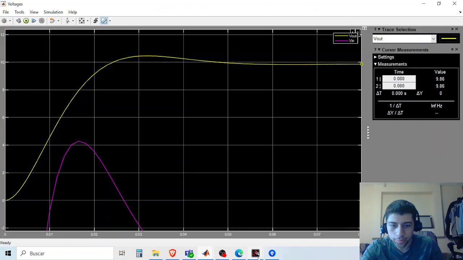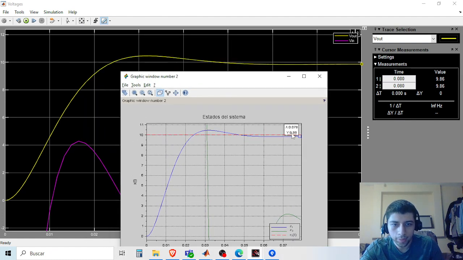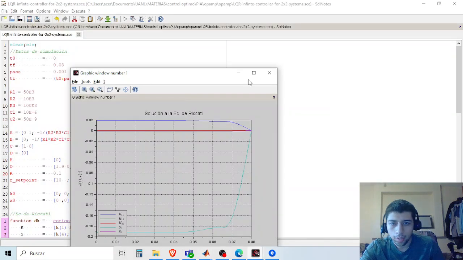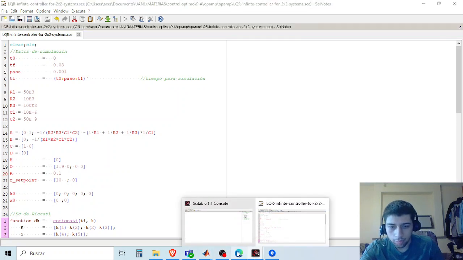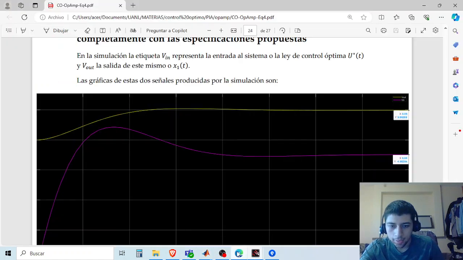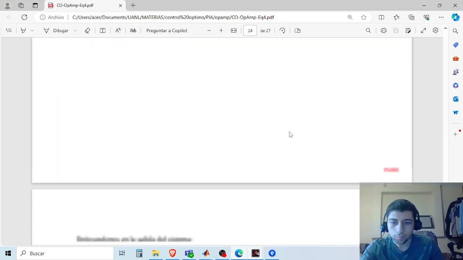So comparing those two, we get the same dynamics, 9.86 and here 9.86. So the control law proposed, the control law designed, it does work, but as we said before, it's still not reaching those 10 volts reference.